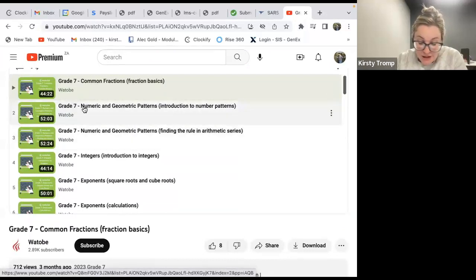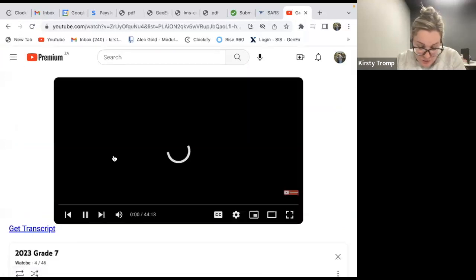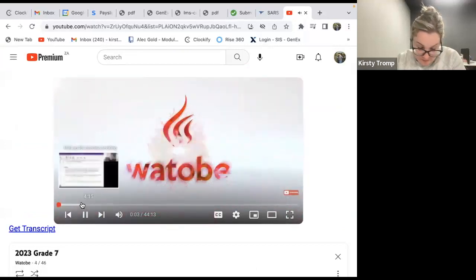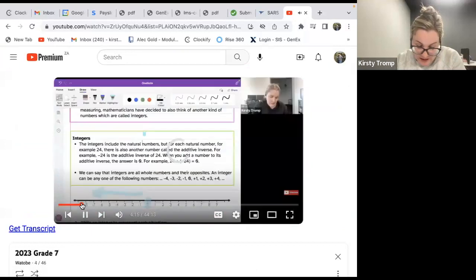So there's common fractions, numeric and geometric patterns, numeric and geometric patterns again, finding the rule, integers, exponents. So let's click on the integers lesson that we did a little while ago. And if we move it along, there we are.